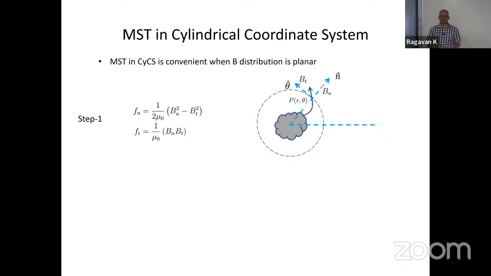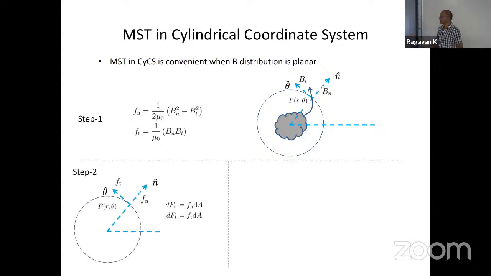Does it make sense? And how much pull it feels in the normal direction is mainly proportional to Bn square. But if it has some bend, that bend is not contributing to the normal force. So some kind of minus Bt square is there, right? So that elastic string concept is also getting reflected in these two equations.